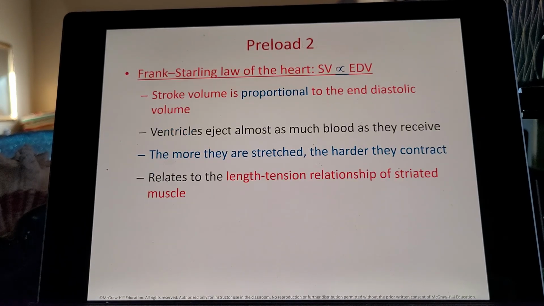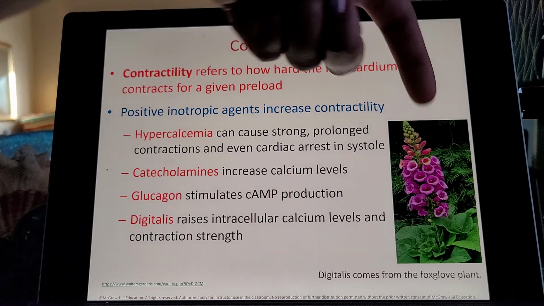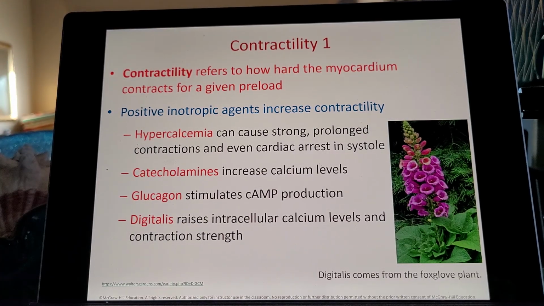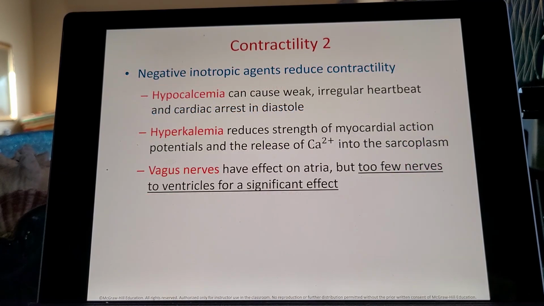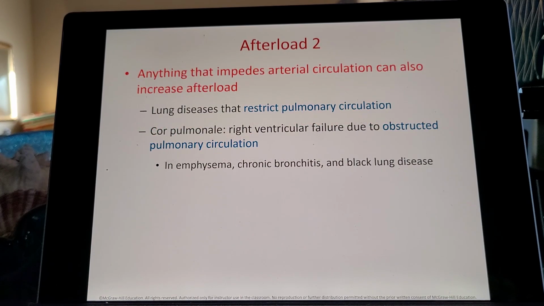This is just looking at heart volumes and the effects on the contraction strength of the heart, and different natural medicines that we use, like for example digitalis, which is that flower there, can be used for people who have a weak heart. Again, different functions of ions can affect it, but it's not on your test. So that is the end of that. Next time we'll start with chapter 20.